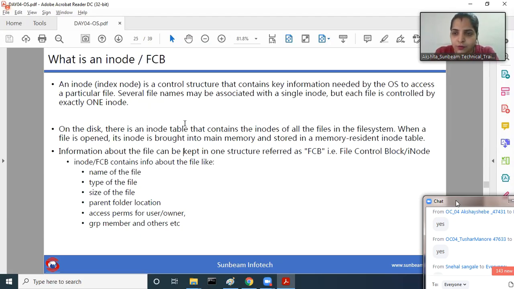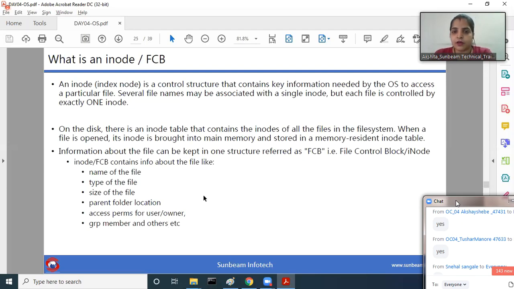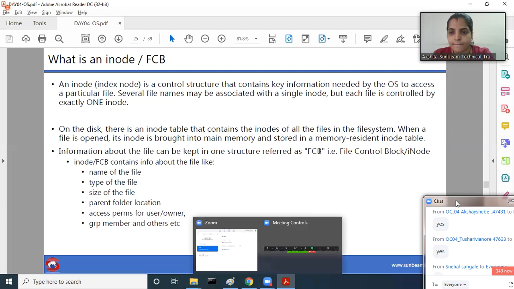As soon as it gets the address, information about that file can be kept in one structure called file control block, which will have name of the file, type of the file, size, parent folder, access permissions, group members, etc. So due to your inode, your files are visible to you, and due to your inode table, when I click that file, that gets opened. Did everyone understand? Yes. Now, any questions? Are you there?